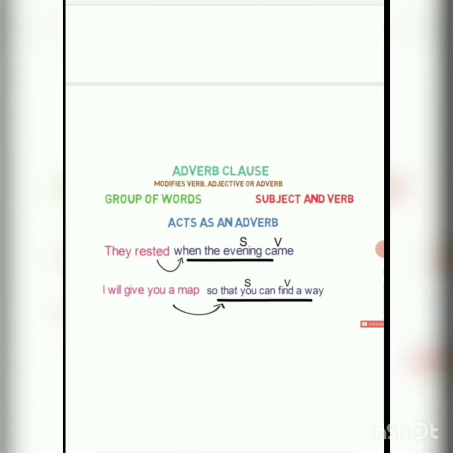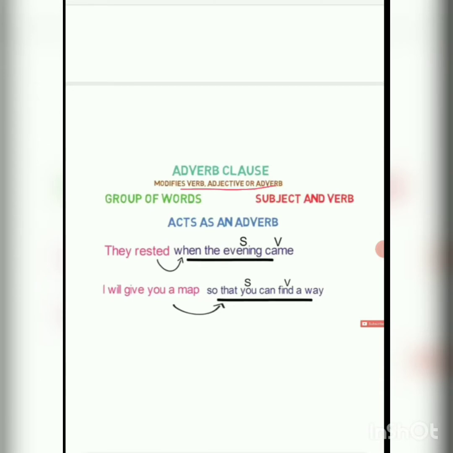Children, the last type is the adverb clause. An adverb clause also acts as an adverb. Just as an adverb modifies a verb, adjective, or another adverb, in the same way an adverb clause also modifies a verb, adjective, or another adverb.